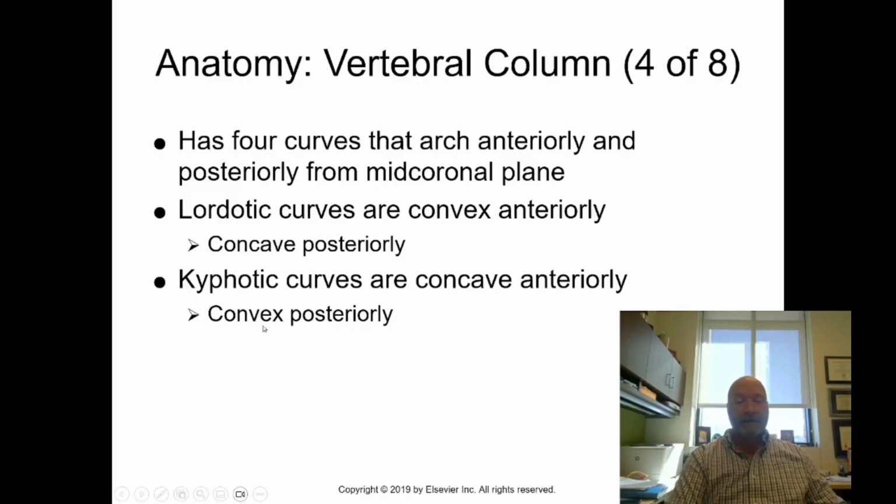So convex, vex, flex. A rhyme is not as close a word association, but that's kind of a bowing outward. So what we're going to have is lordotic curvatures and kyphotic curvatures, and then your questions may ask you if that curvature is concave or convex. It may even break it down a little further and say, is it concave anterior or is it concave posterior?